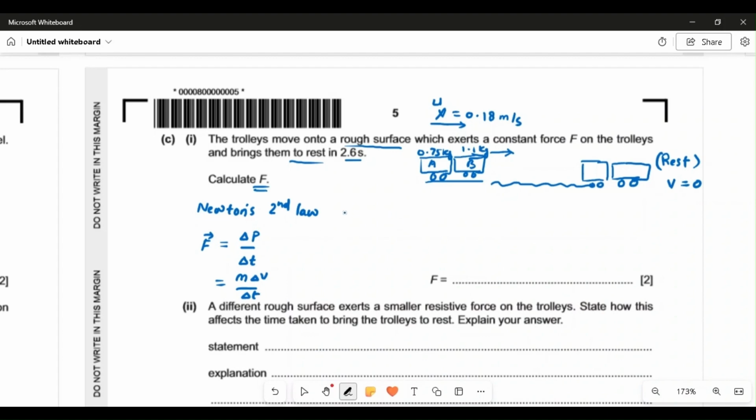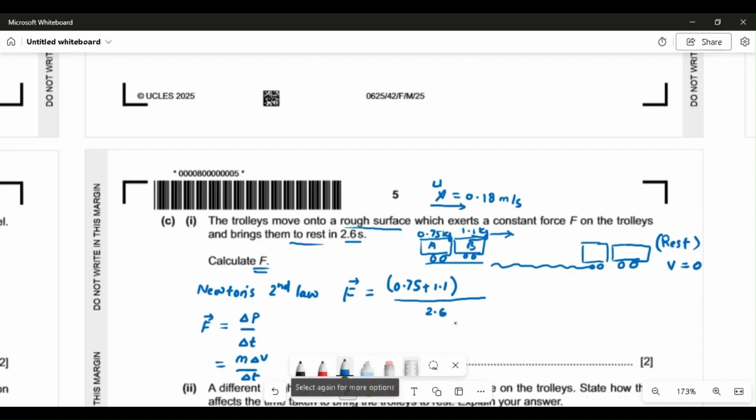So now, force is equal to the mass of both objects, 0.75 plus 1.1, into V minus U over the time it takes, which is 2.6 seconds. For the resistive force, we have to multiply by the change in velocity.